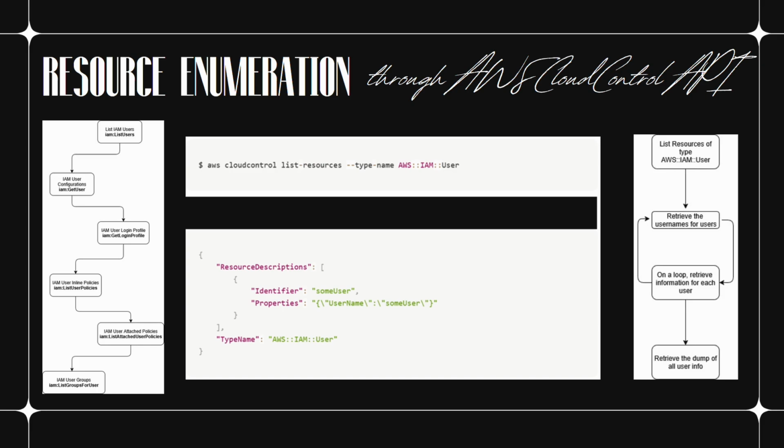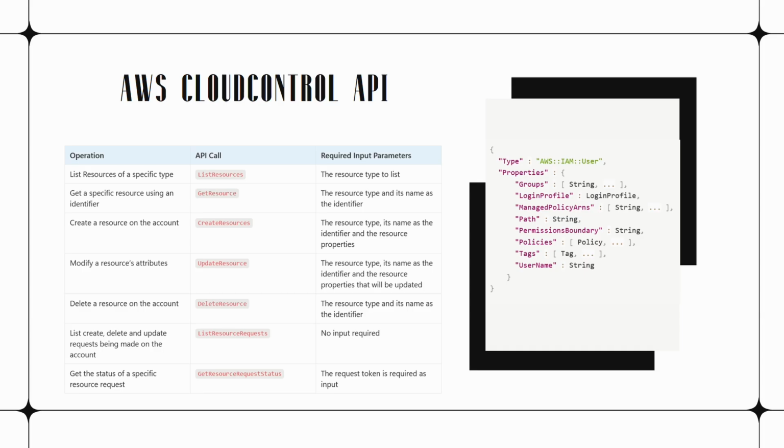So to make it easier, in a normal resource retrieval, we would go for listing the resources and then grabbing all the information that we see as important from that resource. How Cloud Control API does it is it will allow you to list all resources using list resources, which will get through the first step, and then you can run get resource for each of the resources retrieved, so that at the end of get resource we will be able to retrieve all of this information for each of the resources.